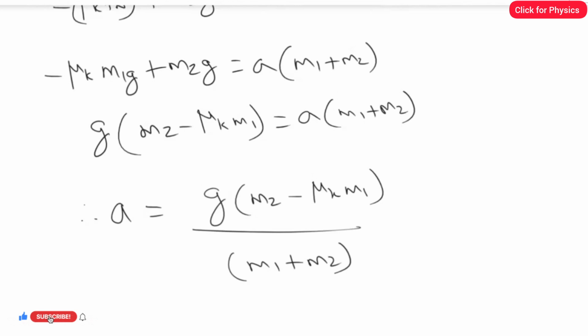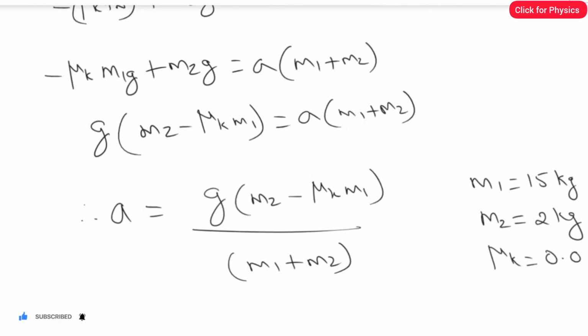So let's rewrite the given values. The mass of the sled m1 is given as 15 kilogram in the question, and the mass of the sandbox m2 is already given in the question, which takes the value of 2 kilogram. The mu k value is already given, which is 0.040, which is unitless, and the g value we know, which is 9.8 meter per second square.